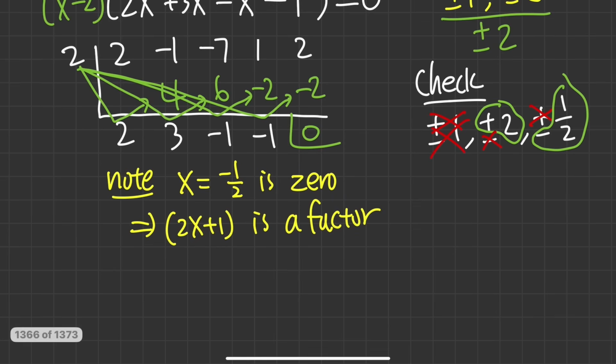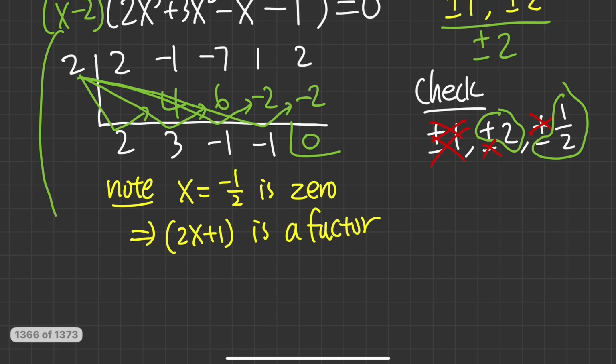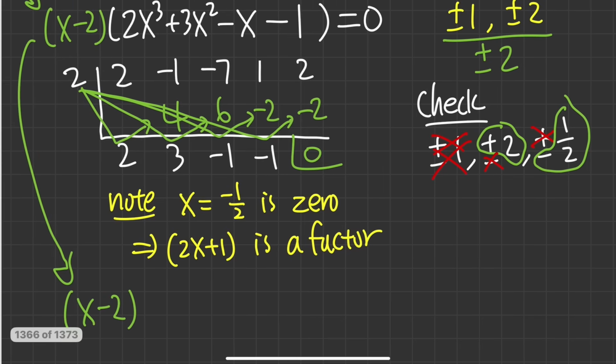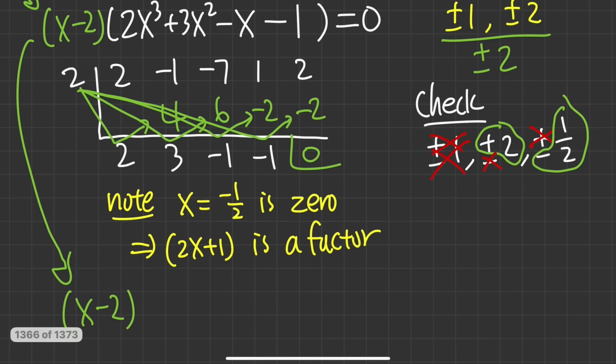So what's going to happen is this. We have the x minus 2 all the way from here. And then we also know that 2x plus 1 is a factor, and we will have to figure out the other factor.